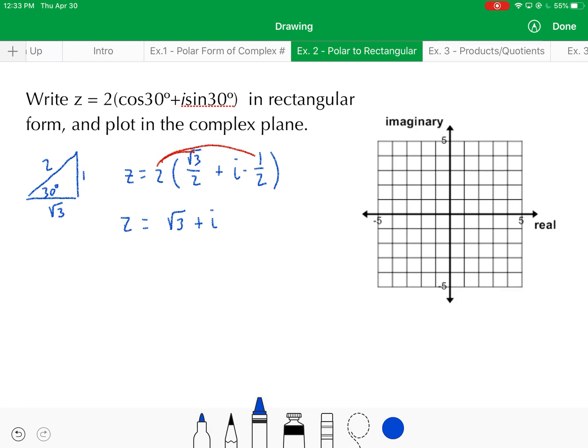Okay. So there is our complex number in its rectangular form. And now we should be able to plot that. So the real number portion of it is radical 3, which is roughly 1.7, and then the imaginary part is 1. So you're going to move roughly 1.7 units to the right and 1 unit up. And there would be the position of z.